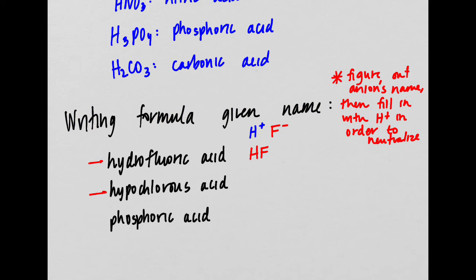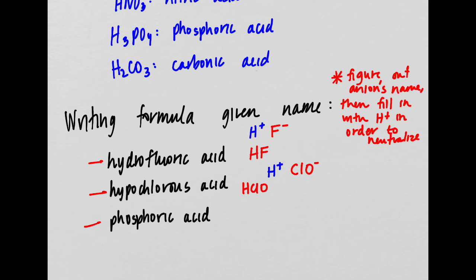So this is hypochlorite, which you know as ClO-, and you know that because you've got all of those polyatomic anions memorized, because they're going to keep coming up over and over and over again. So we've identified the name and the formula for the anion. Now we need to add 1 hydrogen ion in order to neutralize, and that will give us HClO. This is hypochlorous acid.